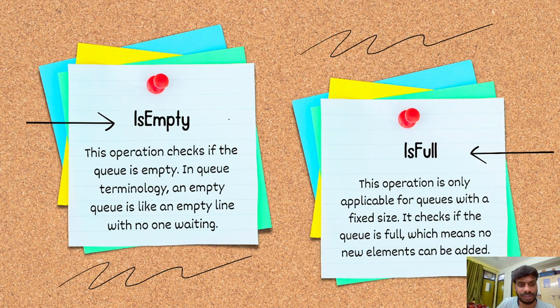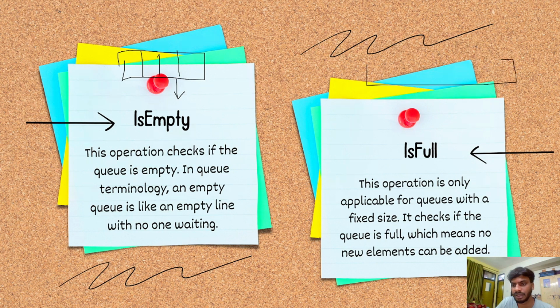Now the next operation is isEmpty. This operation checks if the queue is empty. An empty queue is like an empty line with no one waiting. Like we have a queue in which we don't have any elements in it. So this function is known as isEmpty. Next is the isFull operation. This operation is only applicable for a queue with a fixed size.